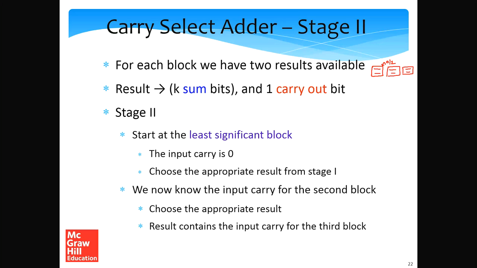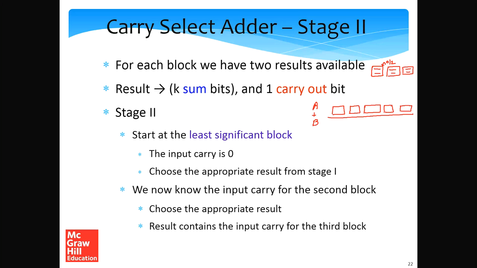Now, for two 32-bit numbers that we are trying to add, a plus b, we have a sequence of 8 blocks, where each block has 4 bits. So we can generalize it. Let's say each block has k bits, and that's also fine.